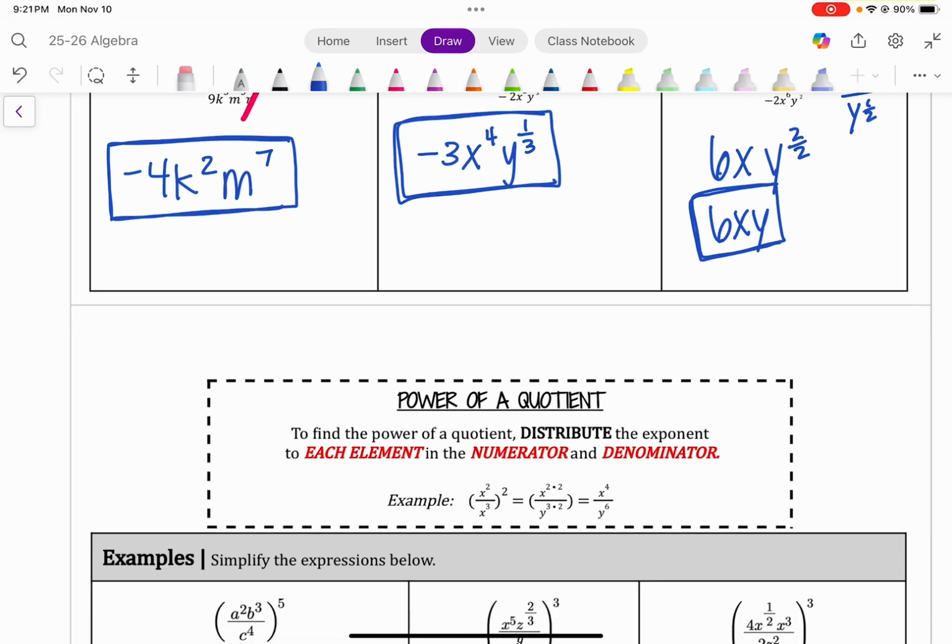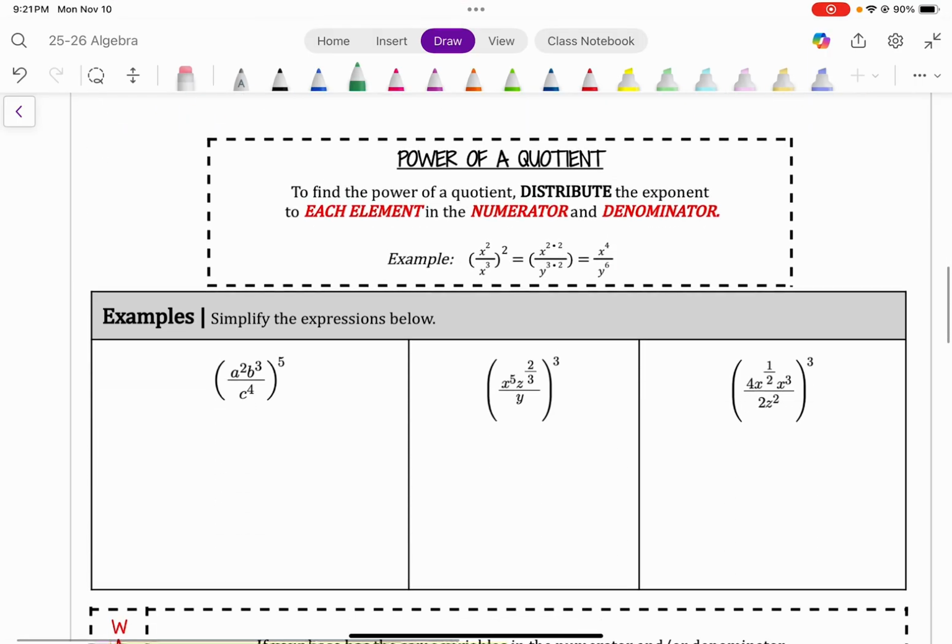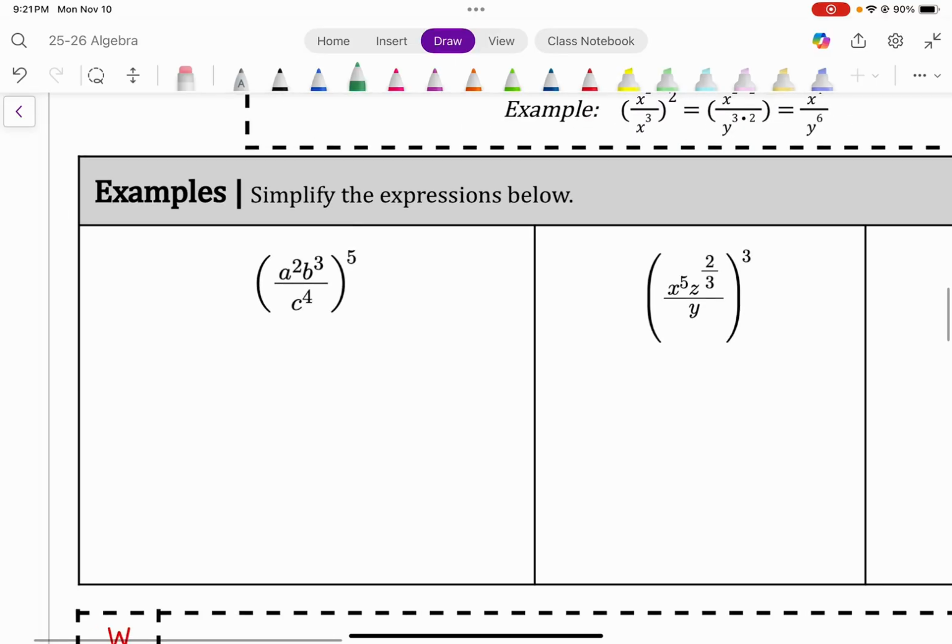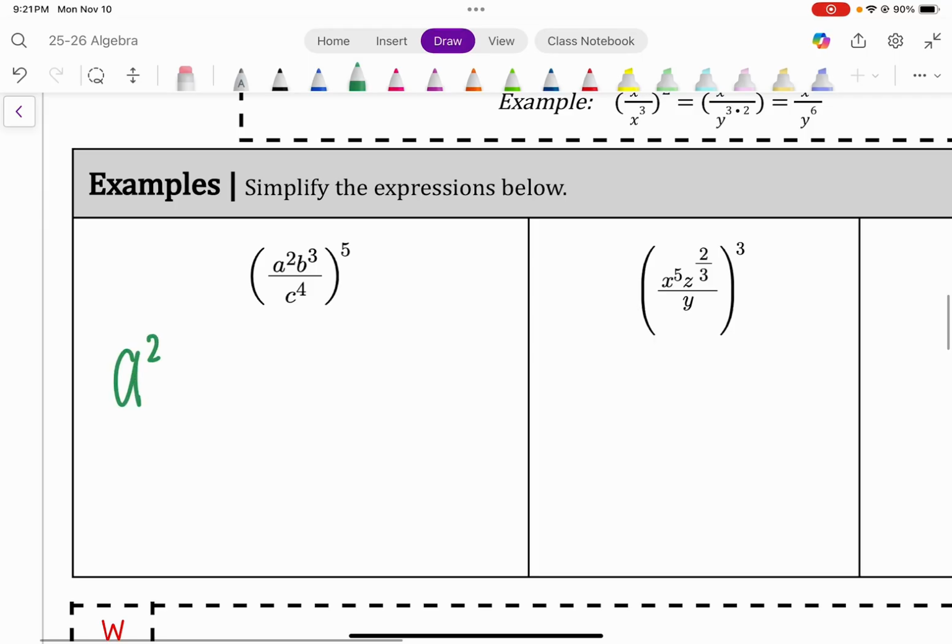Okay, in this next section, we're going to find the power of a quotient. So we're going to give each element in the numerator and the denominator the exponent. So here we can start with a squared b cubed divided by c^4. So a to the 2, and that gets the exponent of 5.